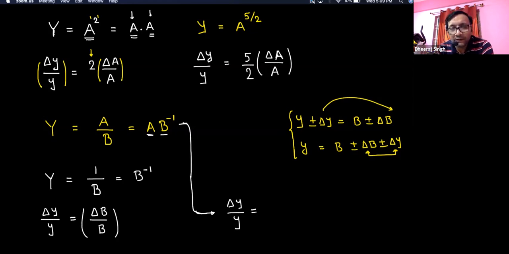Others, quickly type in. It will be delta A by A plus delta B by B. Errors never get subtracted.